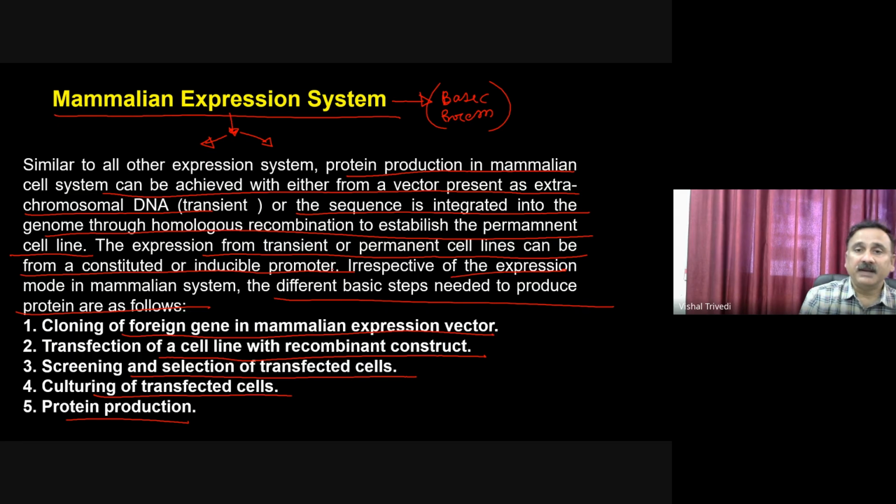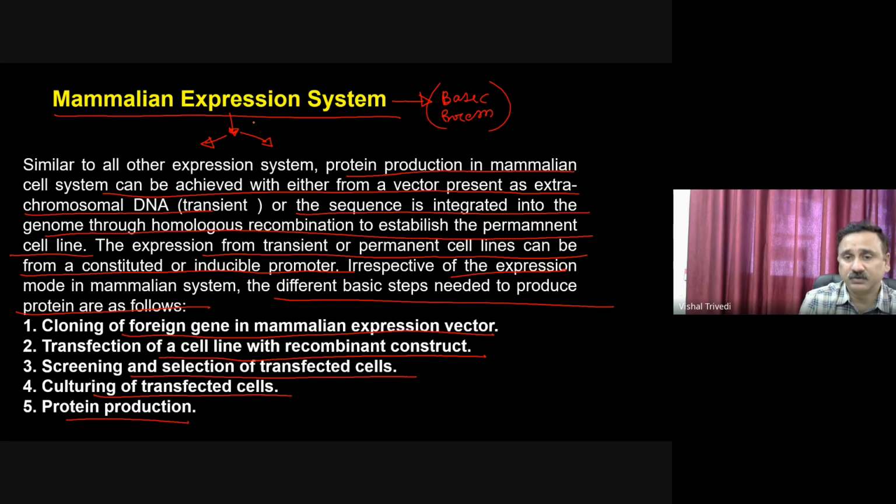Because protein production in the mammalian expression system is a very, very costly affair. You are supposed to grow the mammalian cells, and growing mammalian cells is costly, and it also requires a lot of infrastructure.